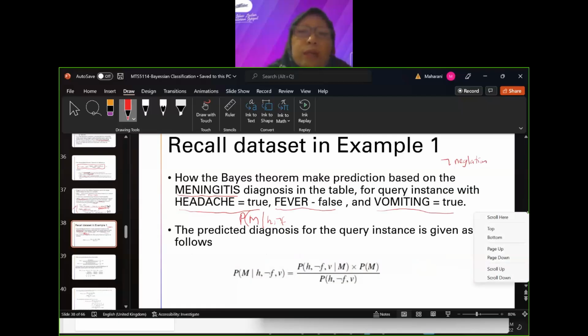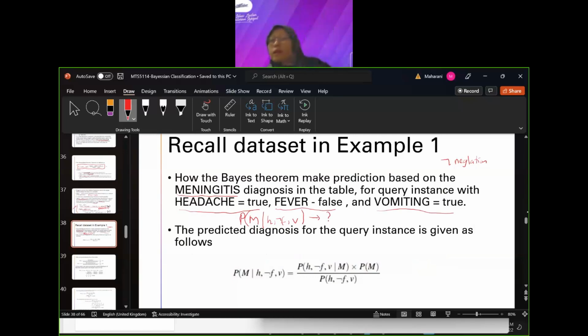And then vomiting, yes, so V. We're going to predict this: yes or no? I mean, true or false? The patient will get meningitis or not with these three conditions.